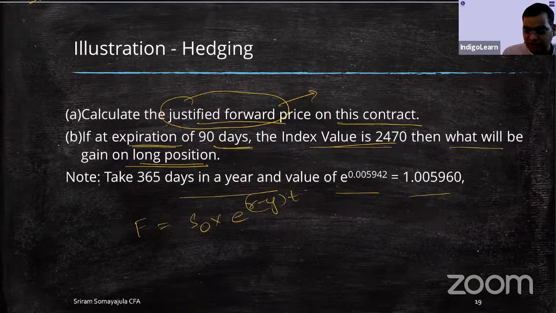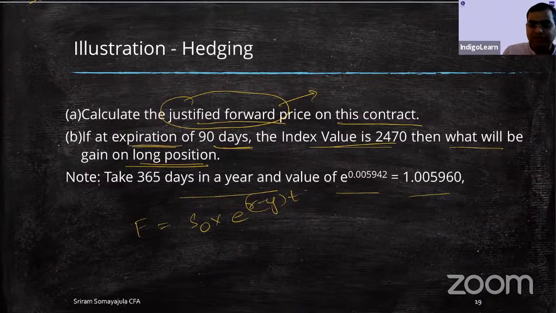He enters into this contract based on today's index price. Whatever changes happen to the index will get reflected in the stock prices 90 days later. When I buy the stocks on the 90th day, whatever is the gain or loss in the futures contract that I entered into today will get added to the stocks that I purchase after 90 days. Theoretically, I have locked in today's price. So this whole exercise is to ensure that the investor is locked in at today's prices of the shares by entering into a futures contract on the index.